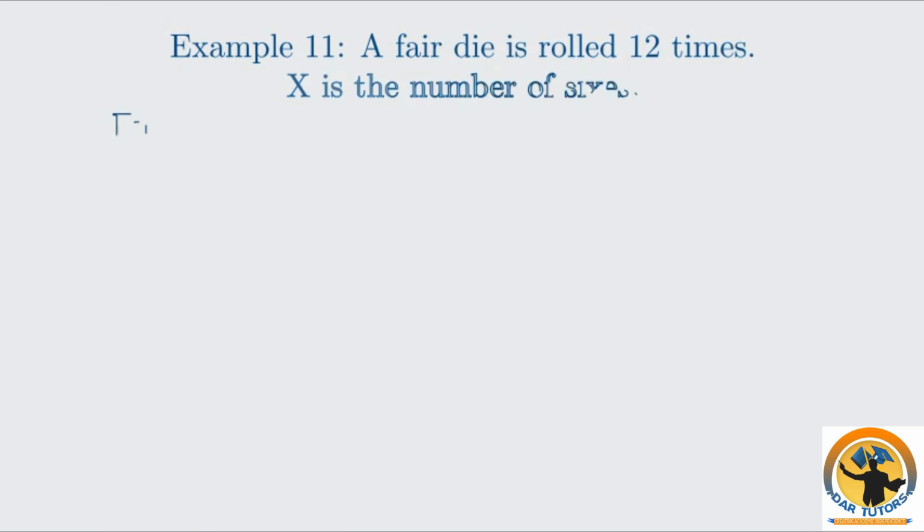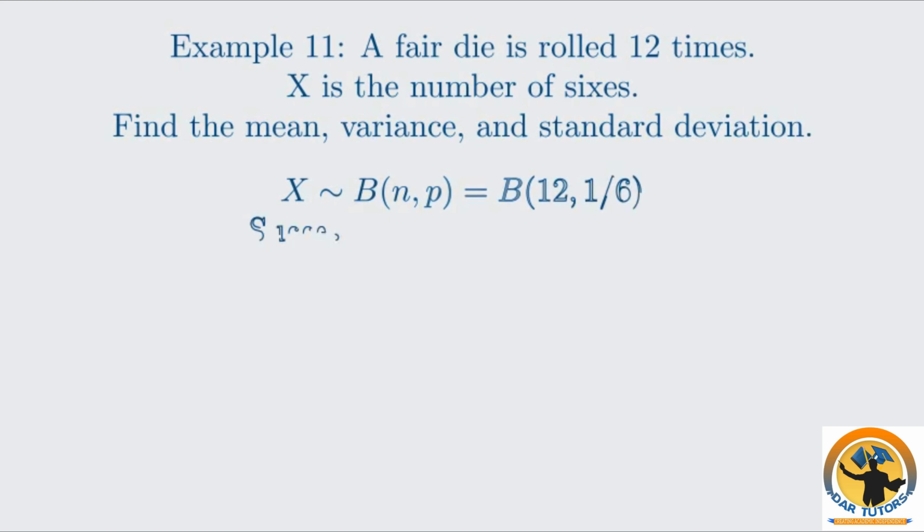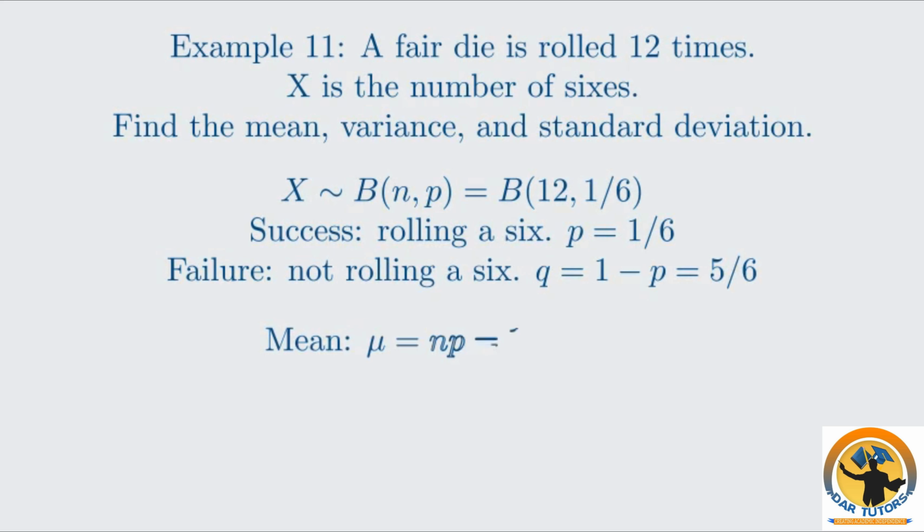Let's apply these formulas. A fair die is rolled 12 times, and X is the number of sixes. Find the mean, variance, and standard deviation. First, identify the parameters. n is 12, p is 1/6, and q is 5/6. Now for the mean. It's n times p, so 12 times 1/6, which is 2.